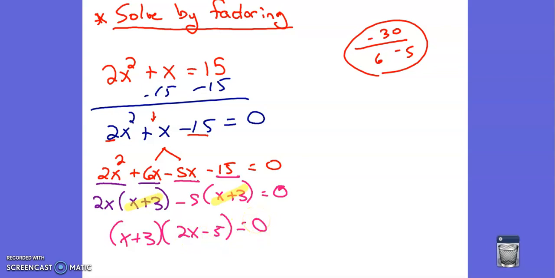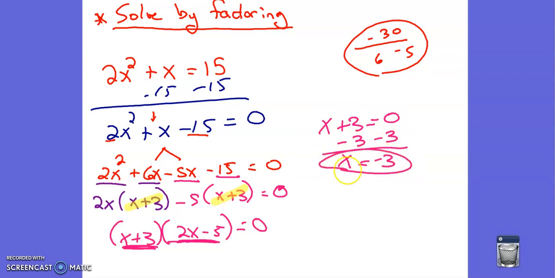Now, once we factored it, the whole purpose is to factor, and you're trying to find what times what equals 0. That's what you're trying to do. That's the zero product property. When two things multiply together equals 0, one of those has to equal 0. So x plus 3 equals 0. x equals negative 3.